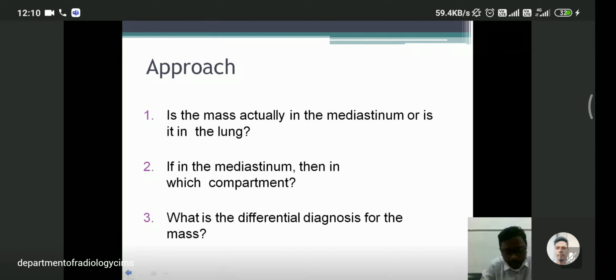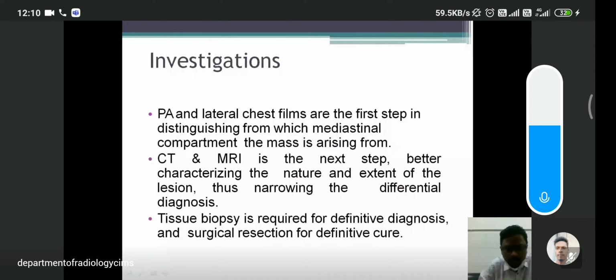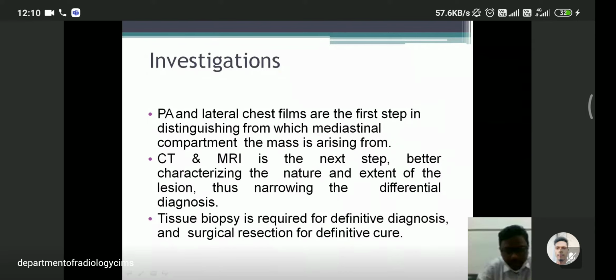Then our next step is to narrow the differential diagnosis. The first line of investigation is always the PA and lateral chest film. After that, either CT or MRI, depending on our differential. And finally, tissue biopsy will be required to help the surgeon.